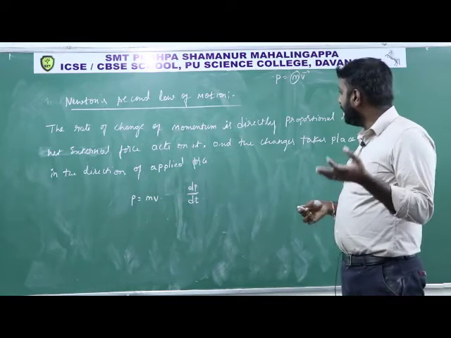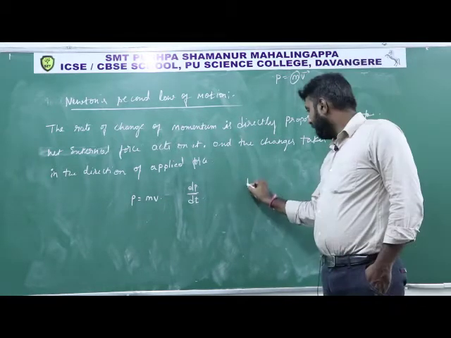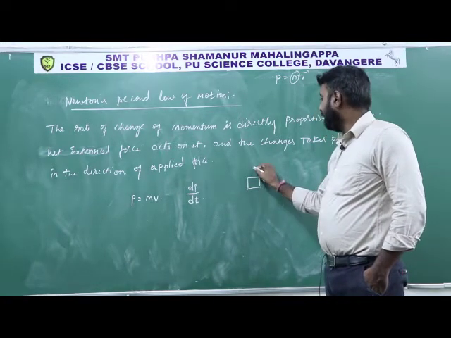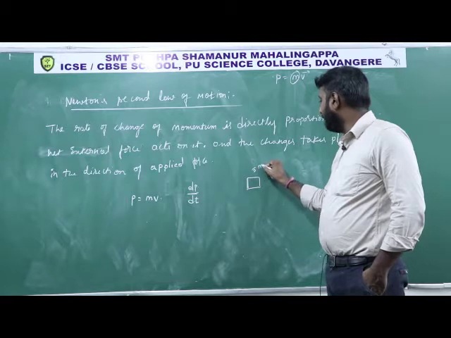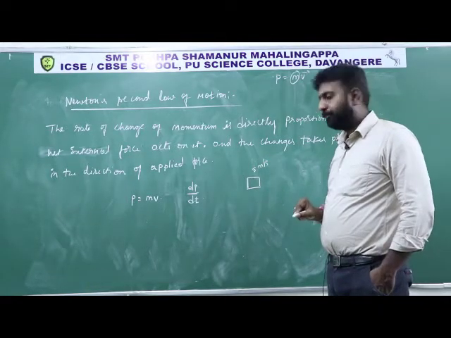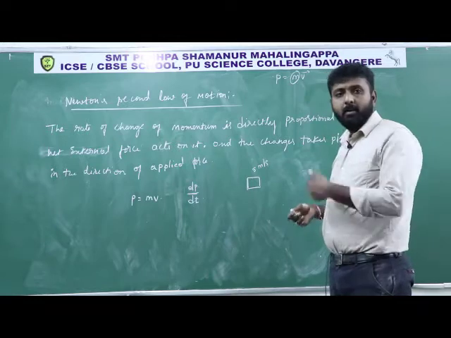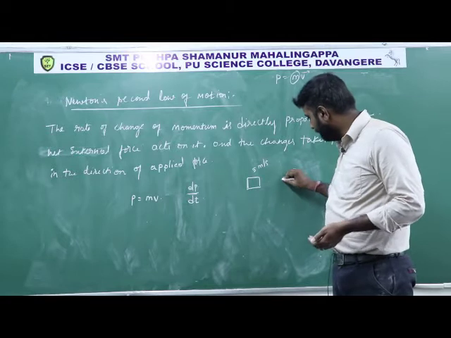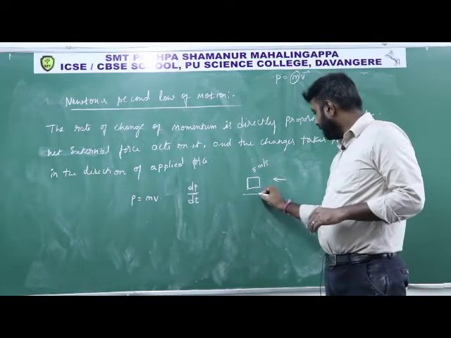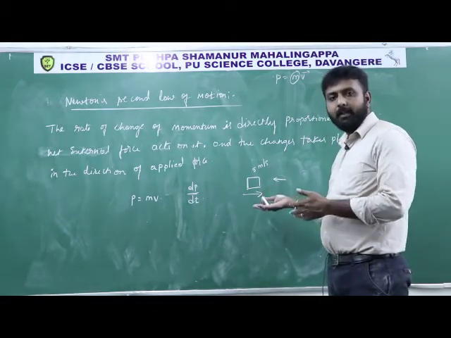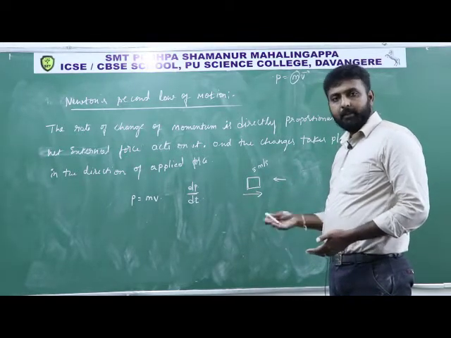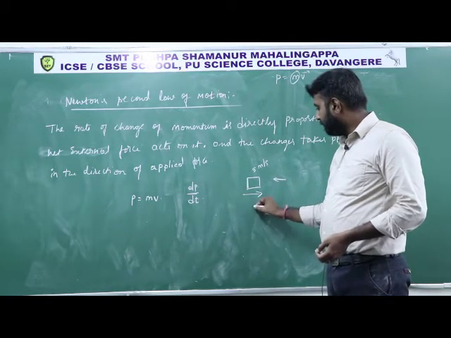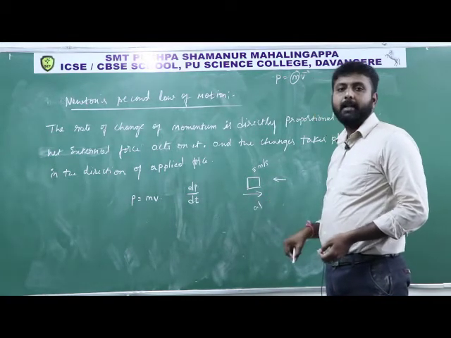So if you apply more force, the velocity increases more. Similarly you can consider an example. An object is moving with some velocity. Let us consider that velocity is 5 meter per second. First time you apply some force in the direction opposite to the motion, and definitely the velocity will decrease. There is a change in velocity. Suppose this object stops in 0.1 second.